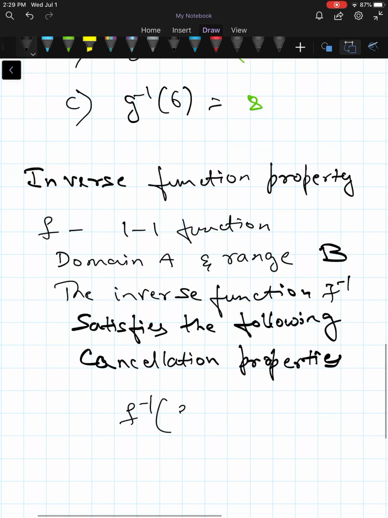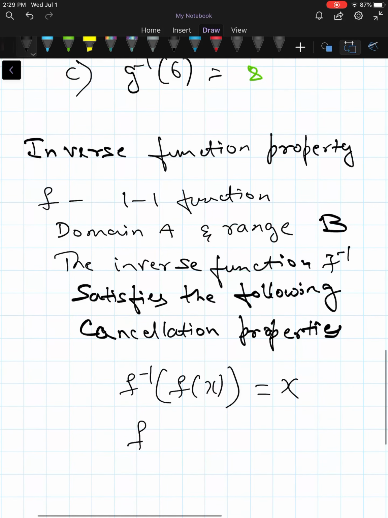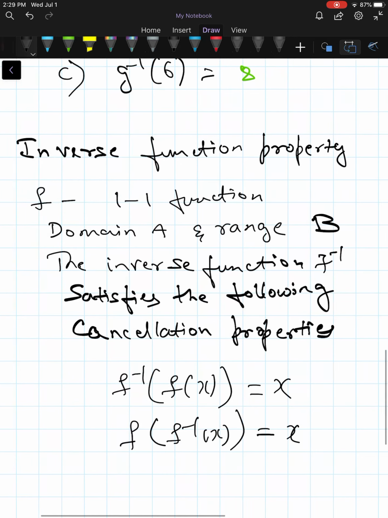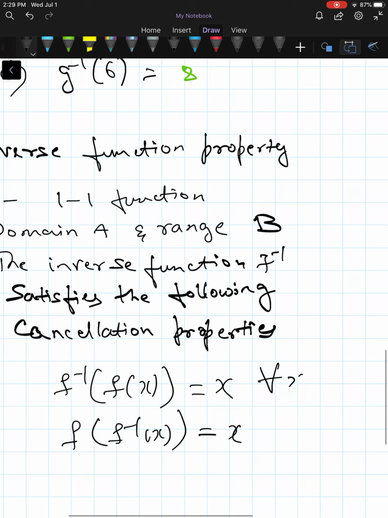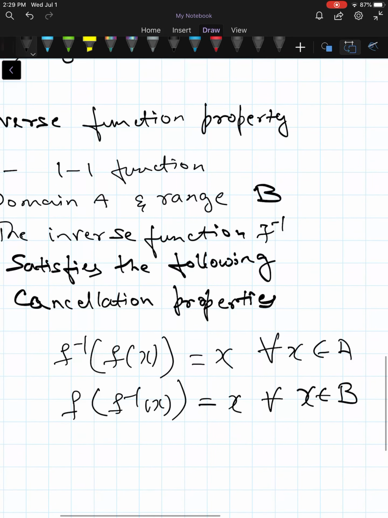If f inverse acts on f of x, you will get back x. And if f acts on f inverse of x, you will get back x. This is true for every x belonging to A, and this is true for every x belonging to B. So this statement implies that f inverse is the inverse of f, and this statement implies f is the inverse of f inverse.